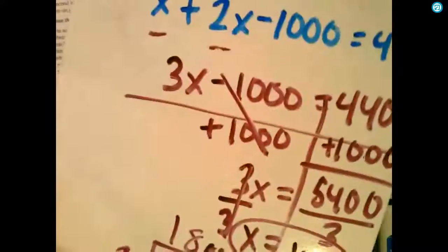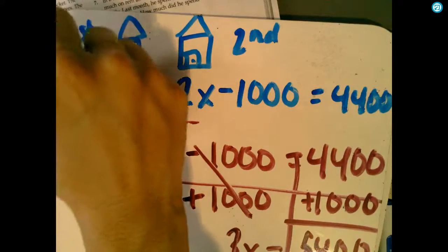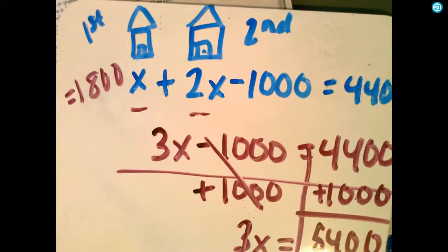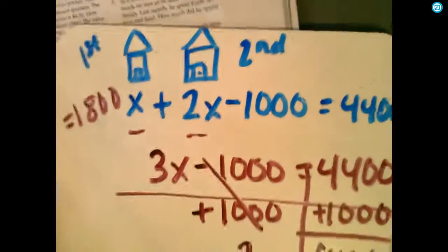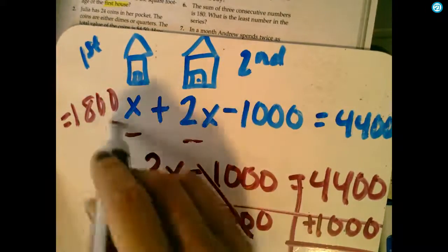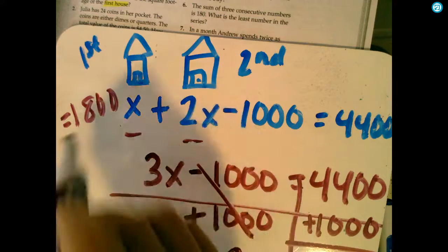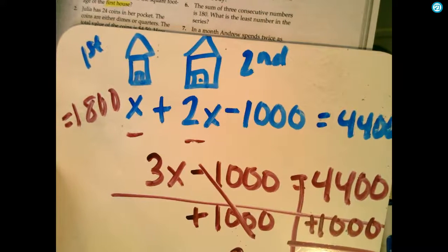1,800, which means that first house we solved, the first house is 1,800. And that is the one they are asking for. If they wanted to know how big the second house was, then we would put 1,800 in for x. So you would do 2 times 1,800 and then minus 1,000. That would give you how big the second house is.